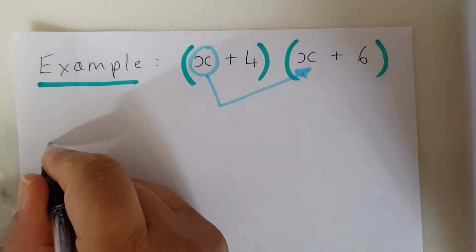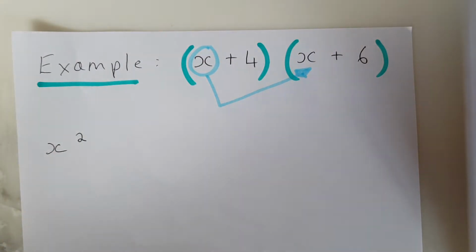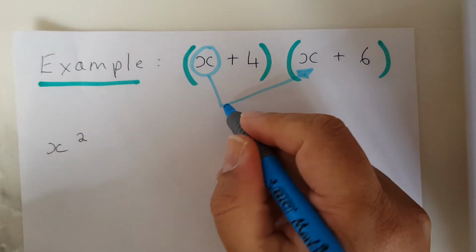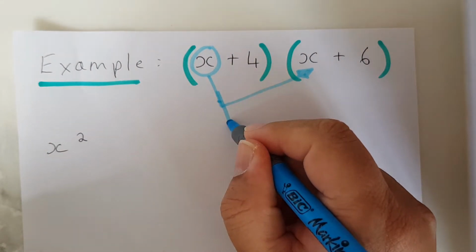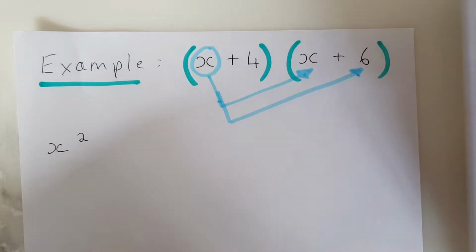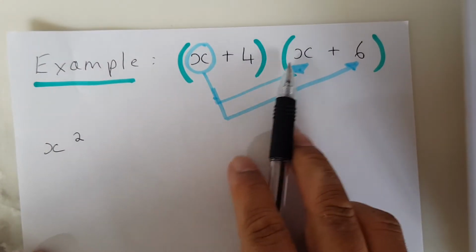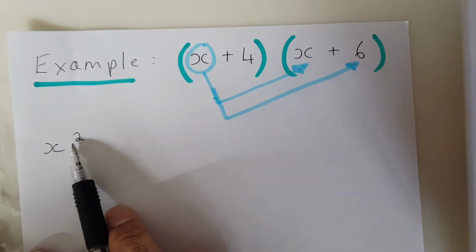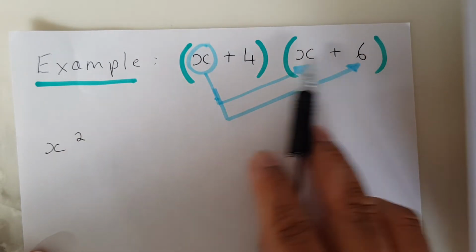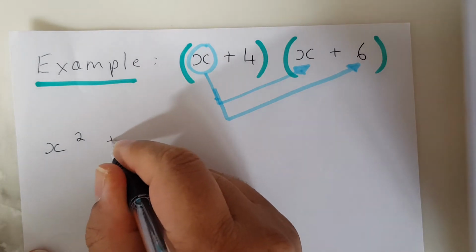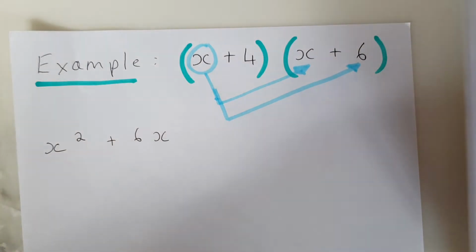which gives me x squared. Okay, then the same letter we multiply that by the 6. Okay, so x times x, they're both positive anyway, x squared. X times 6, it's all positive, is plus 6x.